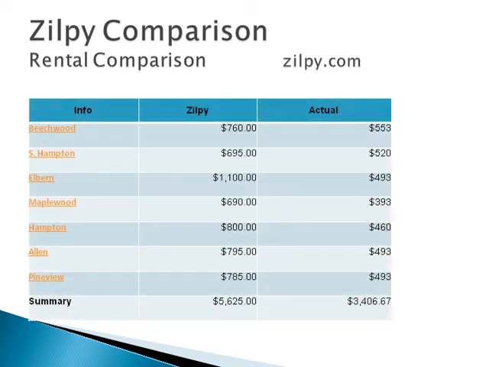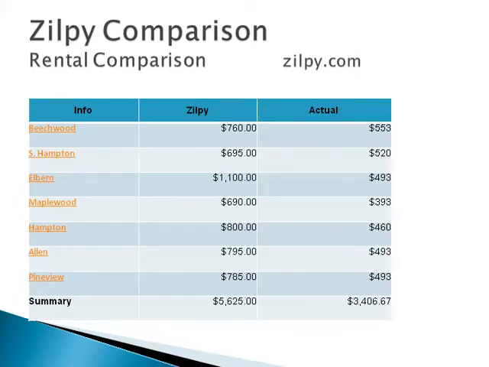On our portfolio, we went out and estimated what our income would be. As you can see, we're estimating it to be about $3,400 a month, and that's after taxes and insurance.